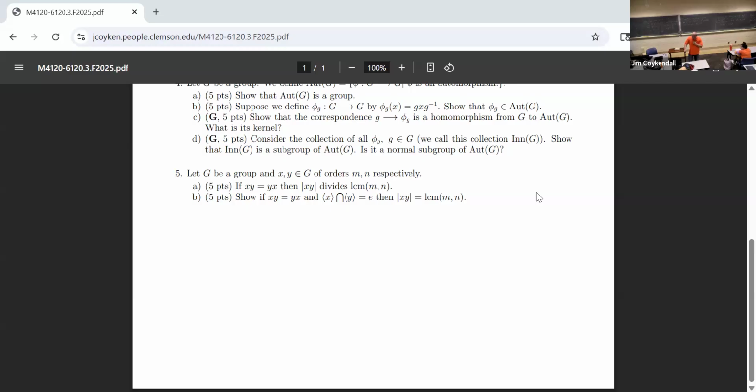Everybody agree? And so there's the subgroup criterion right there. If it's a non-empty set and you can verify for every pair of elements X and Y that X Y inverse is still in H, then you're good to go.